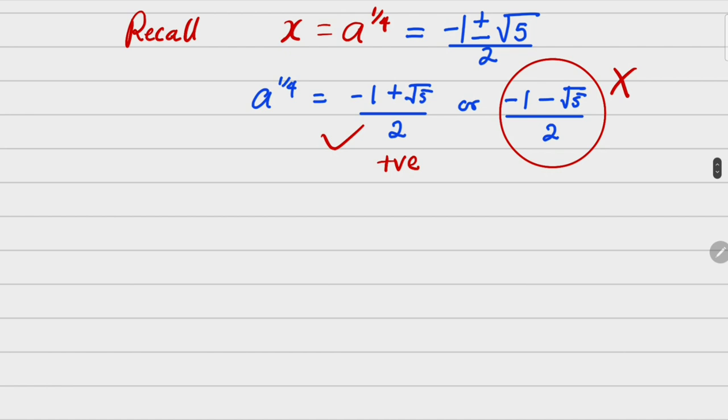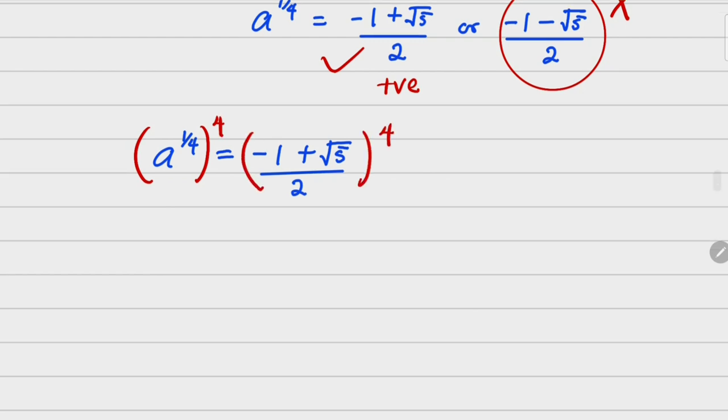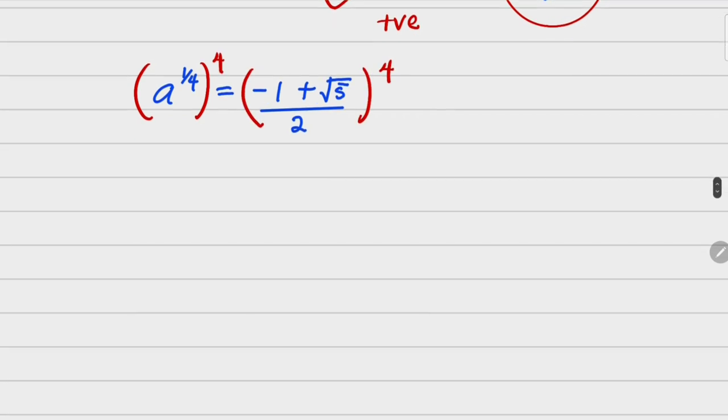Therefore, we will now continue to say, okay, since a raised to the power 1 over 4 is equal to minus 1 plus root of 5 all over 2, then how do we get a? What you need to do is to raise it to the power of 4. So this to the power of 4 and this to the power of 4. Now, this is what I will have.